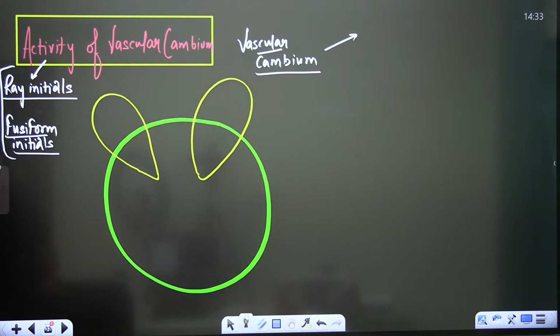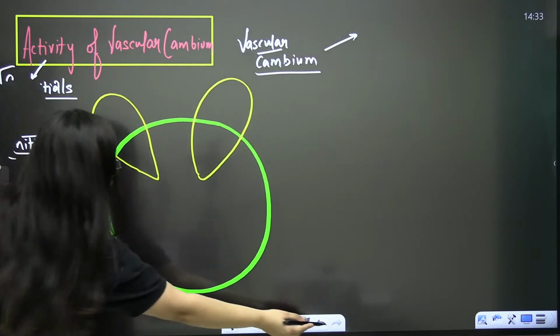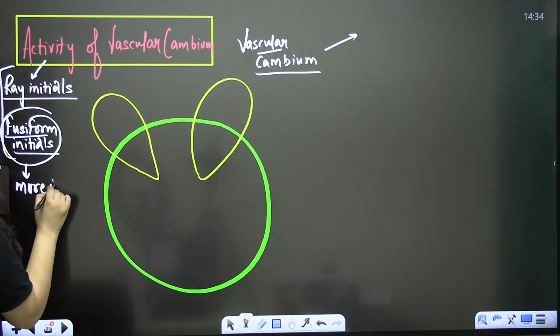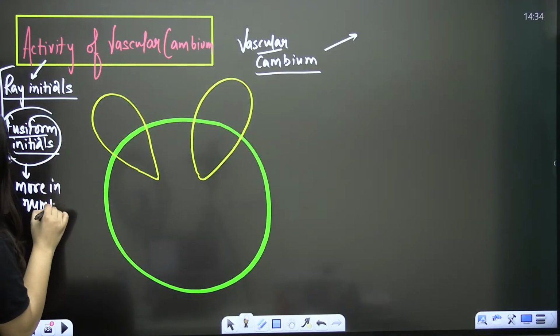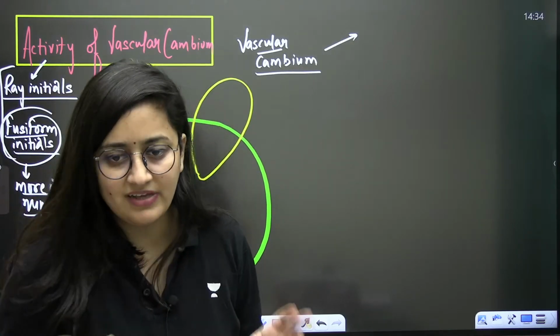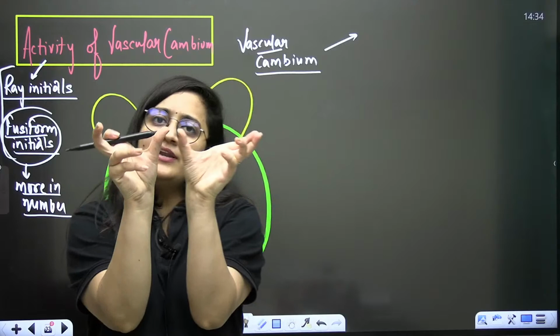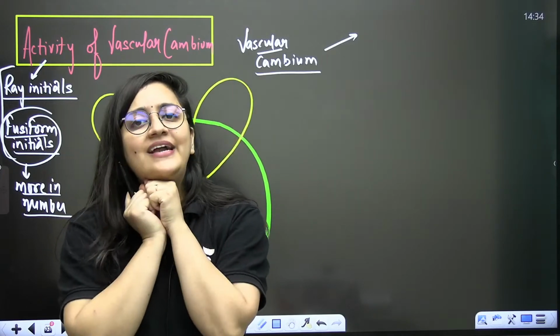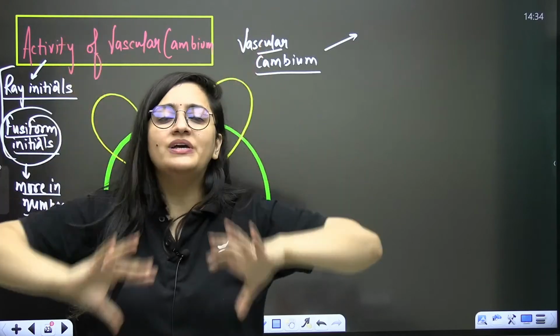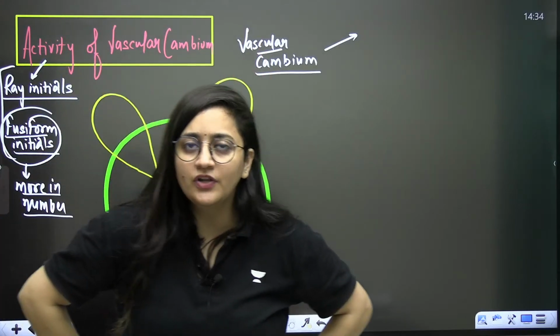Obviously these cells divide, particularly the fusiform initials, because they are more in number. I'm repeating this part again. Vascular cambium has intrafascicular and interfascicular cambium. Inter means in between, present between two vascular bundles. How will that interfascicular cambium form?